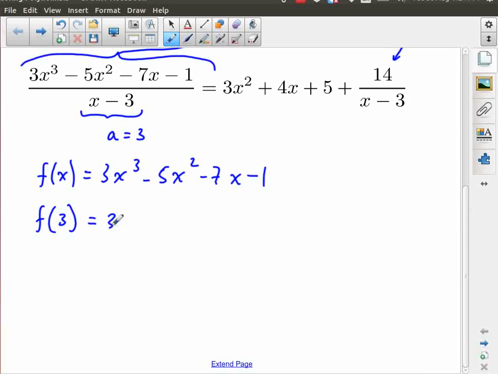So that's going to be 3 times 3 cubed minus 5 times 3 squared minus 7 times 3 minus 1.